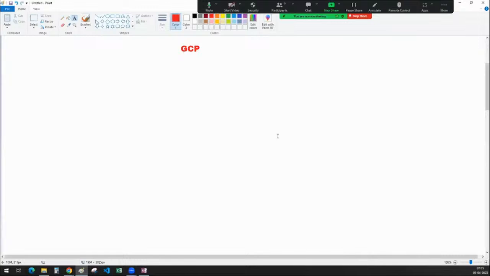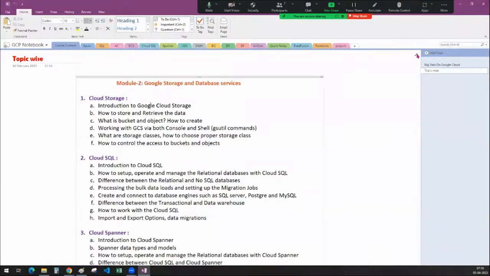All of these things the Google Cloud Platform is providing for us. In our session, let me open OneNote where I'll tell you the course content we are going to discuss. If you have any questions, we will spend time to discuss them at a later point.